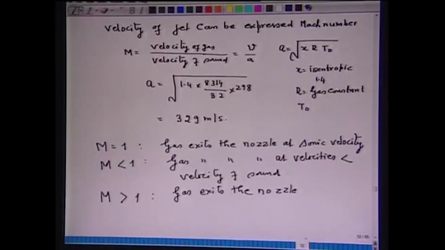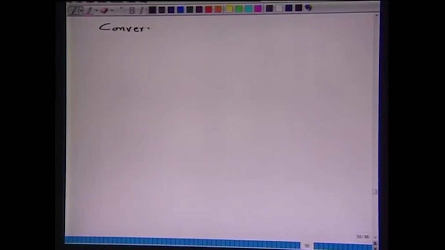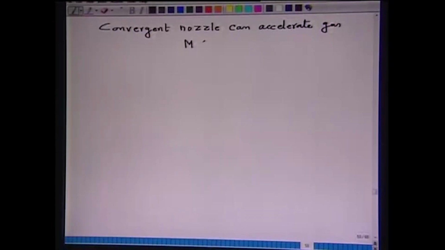So, a convergent nozzle can accelerate gas from some velocity to maximum up to M less than or equal to 1.